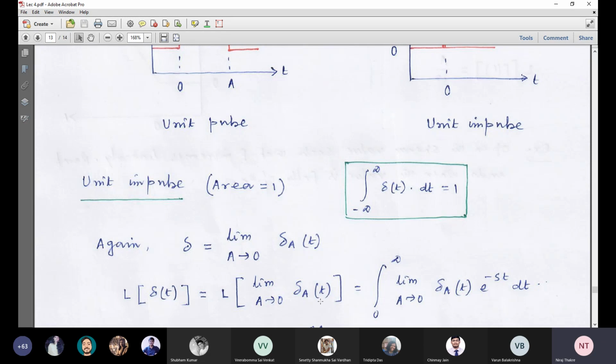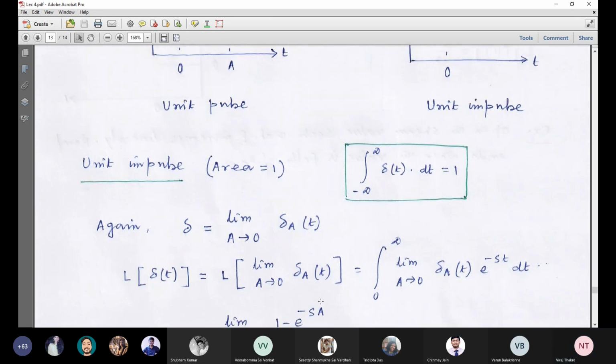Now if you take the Laplace transform, then we can write accordingly this.